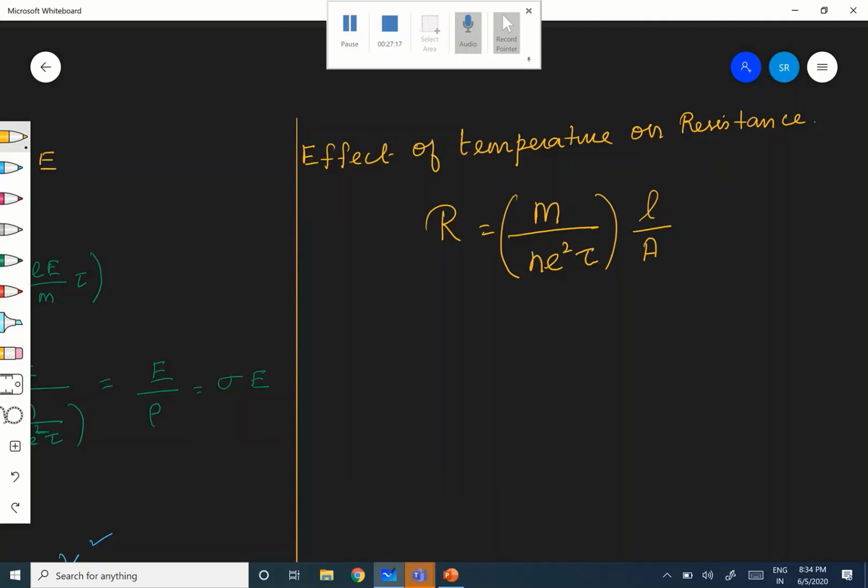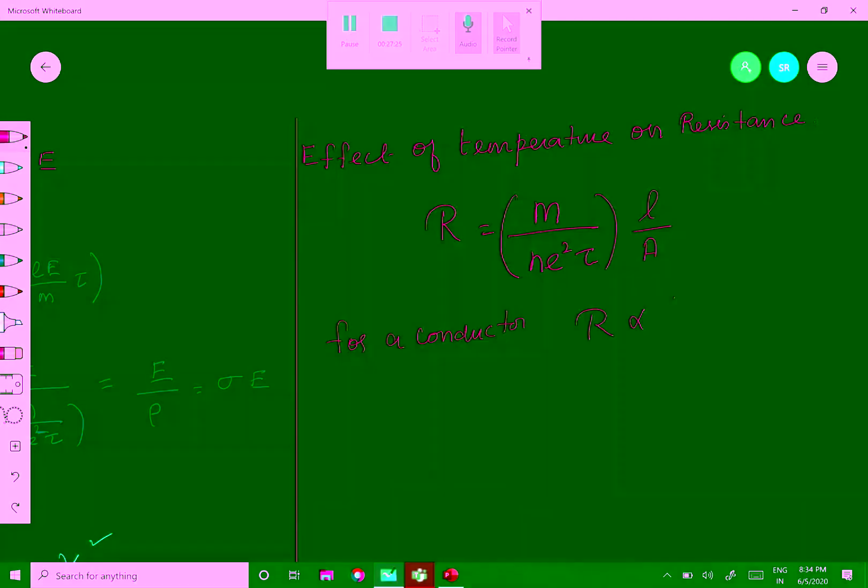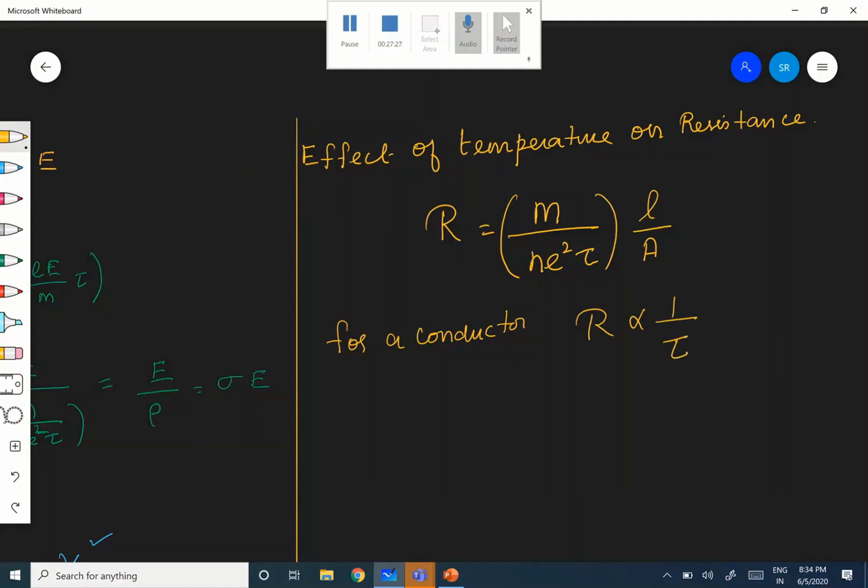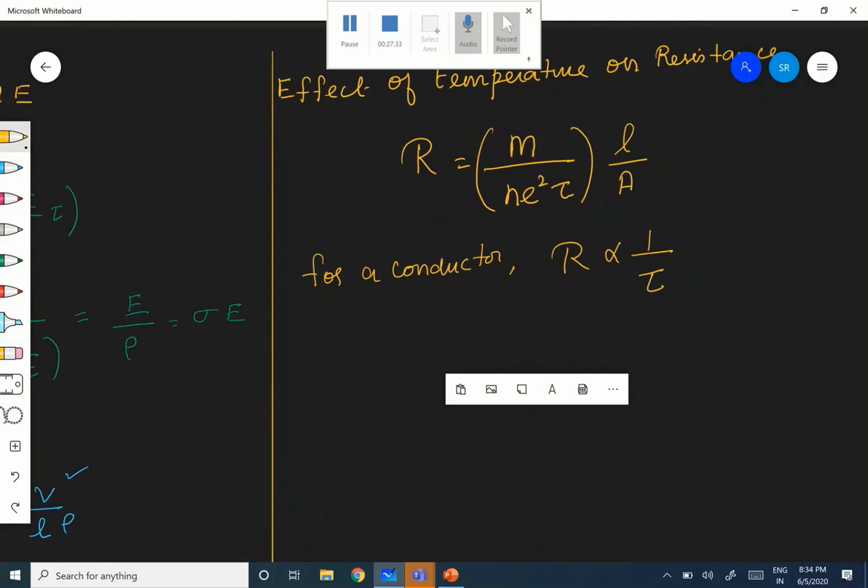Therefore, for a conductor, R is inversely proportional to tau. Very important: for a conductor, R is inversely proportional to tau. Tau is the relaxation time. Many times I told you, this tau is inversely proportional to temperature, correct?